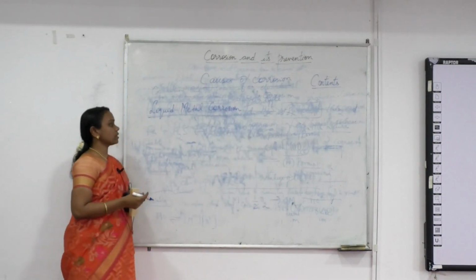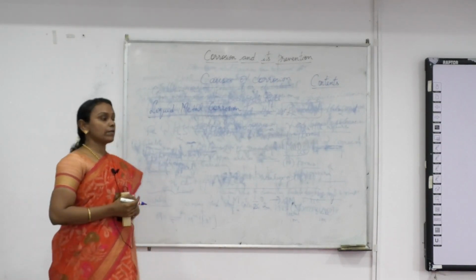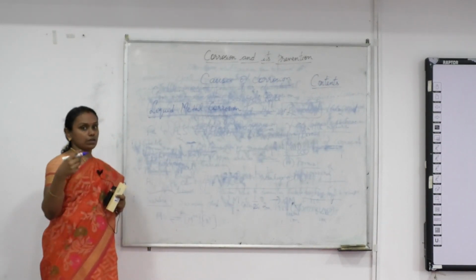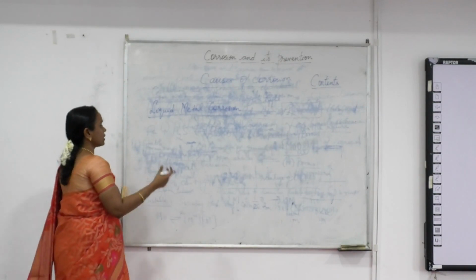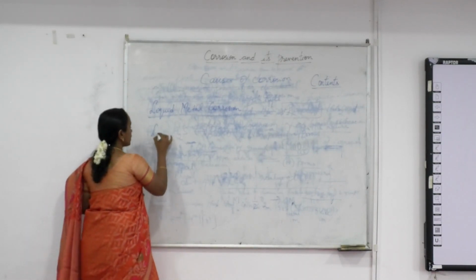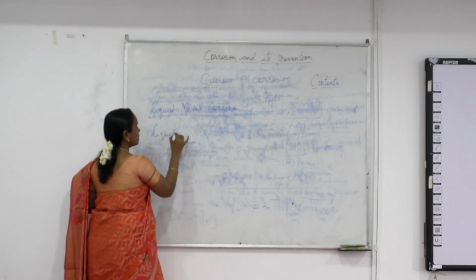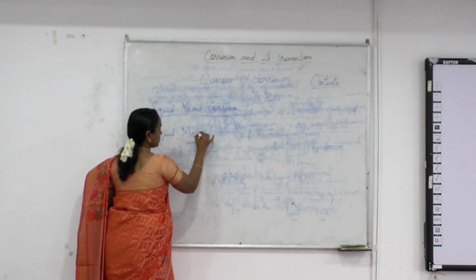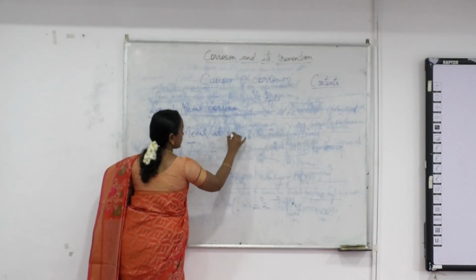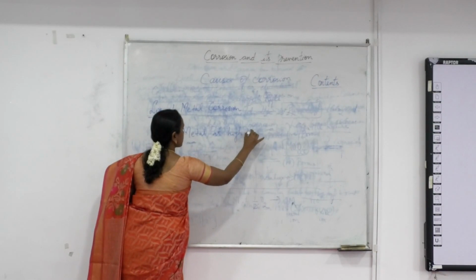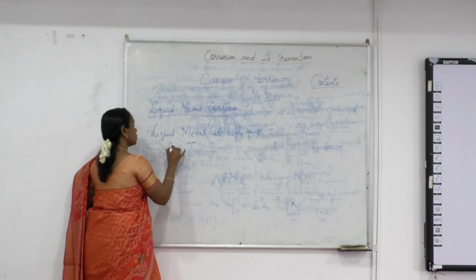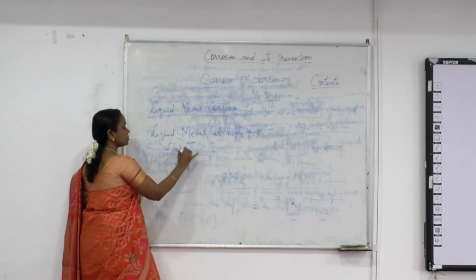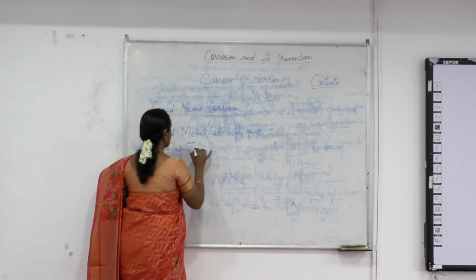Liquid metal corrosion is nothing but when we have a liquid metal at a high temperature flowing over a solid metal.